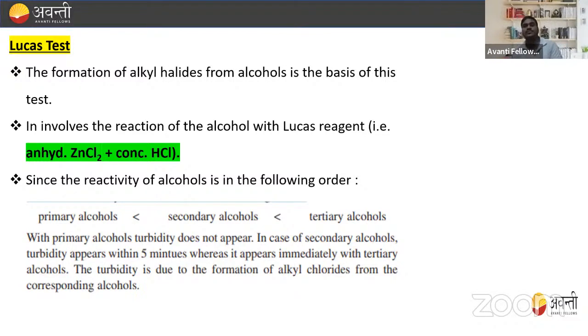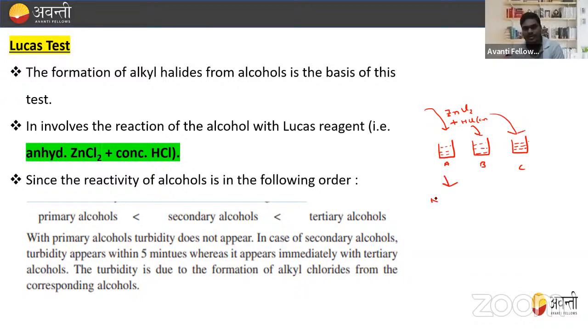Let us assume someone gives you three beakers, A, B, and C, each containing some alcohol, and asks how you can identify which alcohol is primary, secondary, or tertiary. Just add ZnCl2 plus concentrated HCl, the Lucas reagent, to all three beakers.